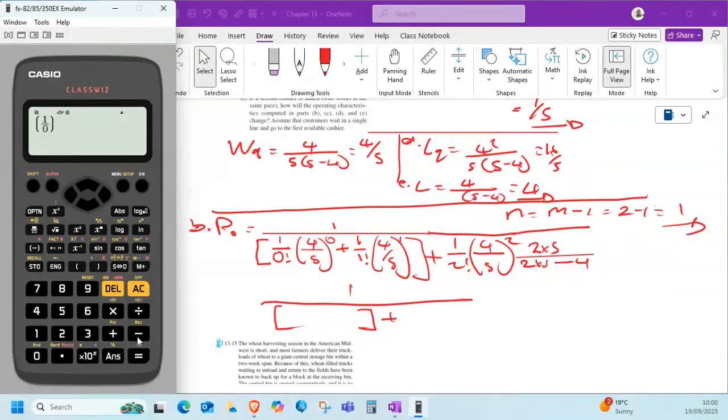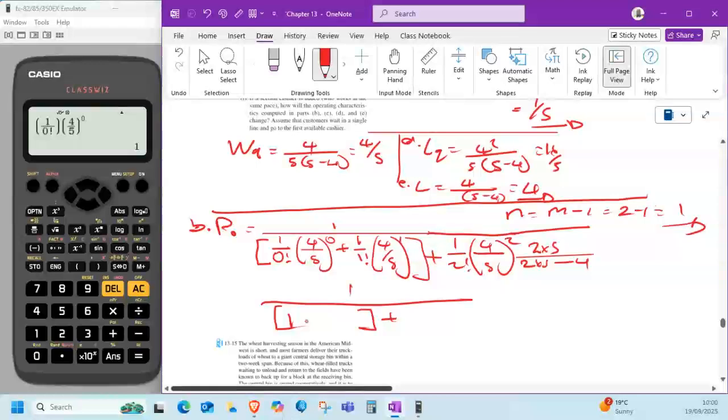Wait, my calculator doesn't have an exclamation mark. And then (4/5) to the 0. You need to learn this quickly.